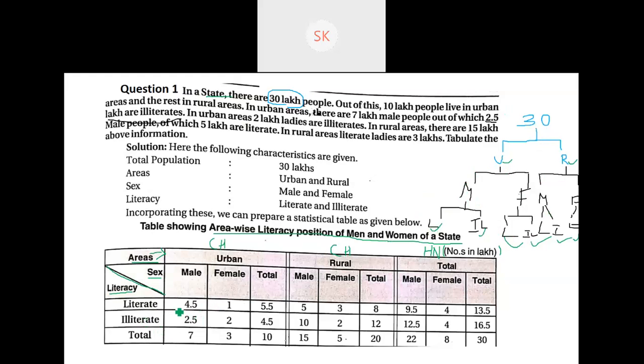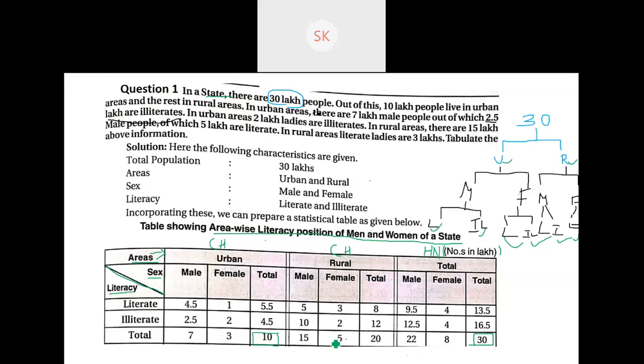Now let us put the numbers. First, there were total 30 lakh people. So overall state population was 30 lakh. I've put it here. Out of that, 10 lakh people lived in urban. Now in urban, my total of male and female is 10 lakhs. And the rest in rural areas.